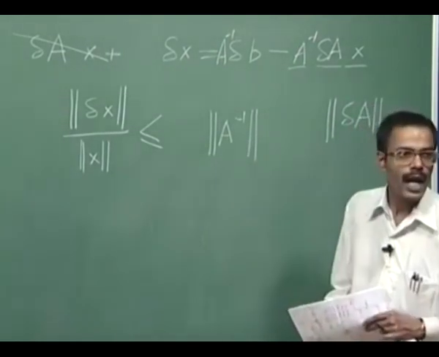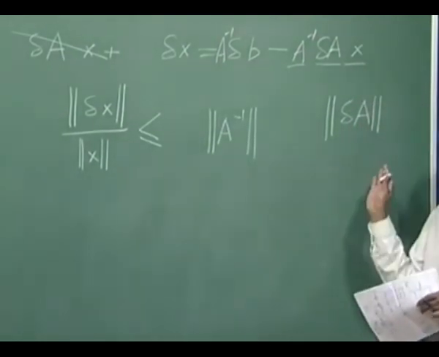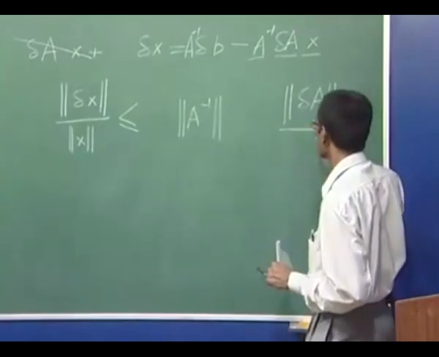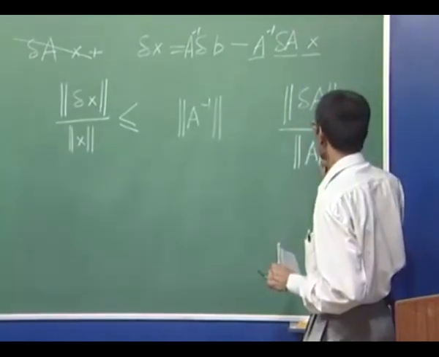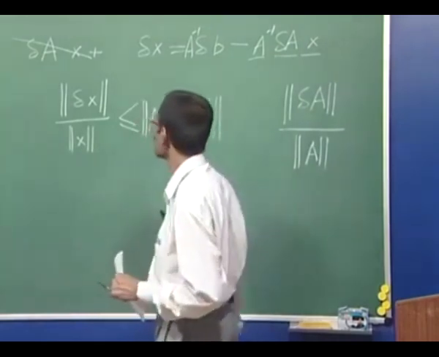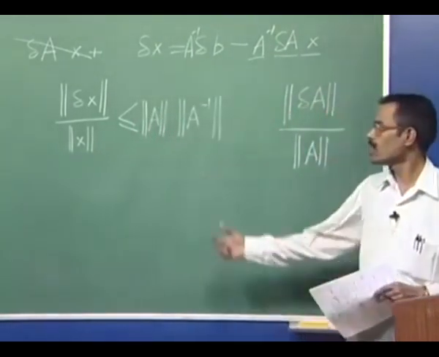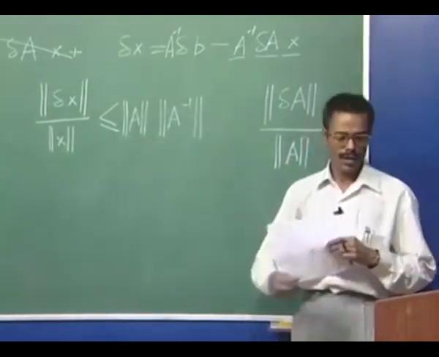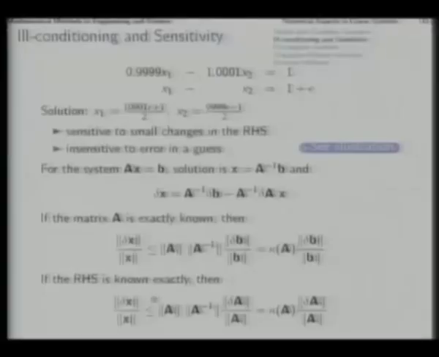Right, and as we multiply and divide again with the norm of A, then you see again what we have got here is this. This is kappa of A, the condition number, and this is the fractional change in the size of A, the norm of A. Again here the fraction is the fractional change in the size of x.